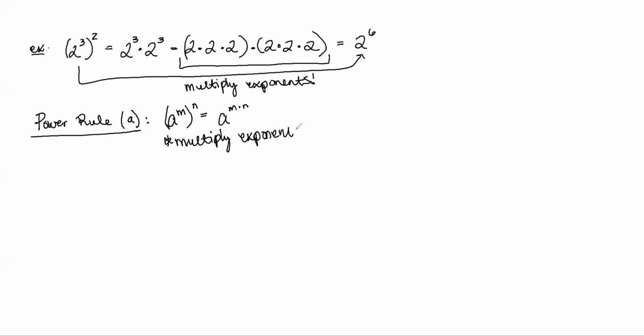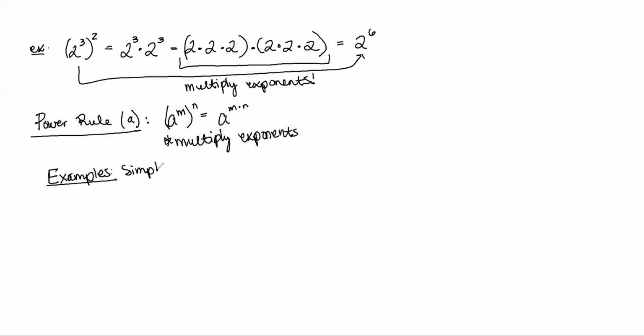And see how there's only one base here. So you don't have to worry about having the same base because there's only one base involved here. That's one nice thing about these is that you can't really mess up in that aspect. You still need to be able to identify when to use this rule though. So let's look at some examples before we check out the next power rule.